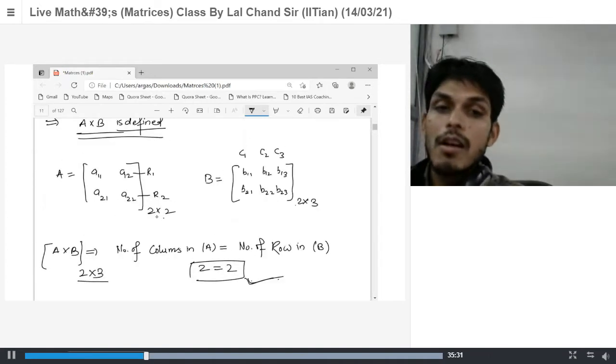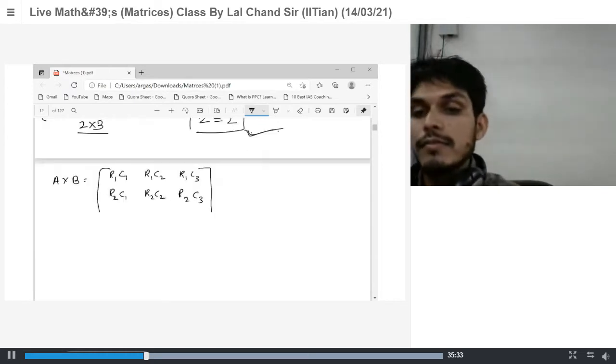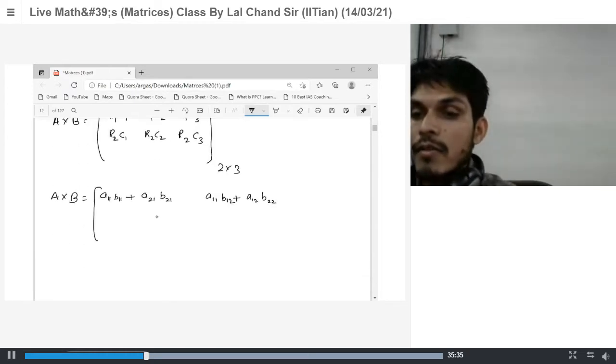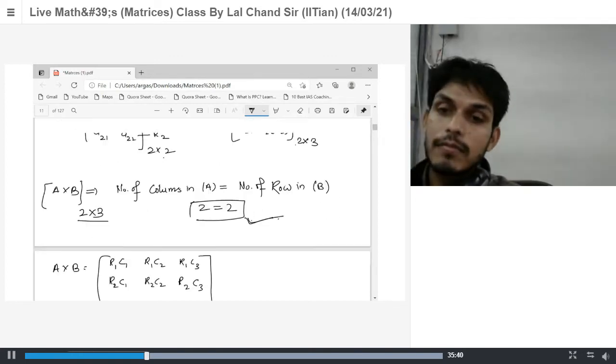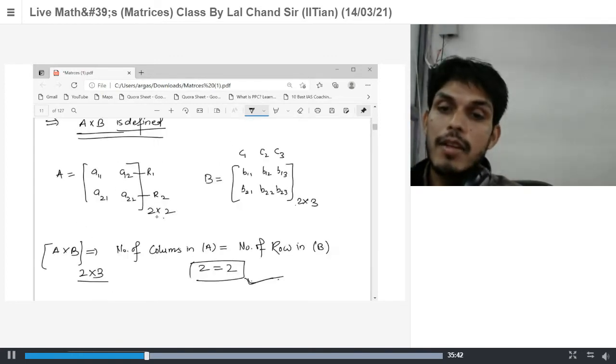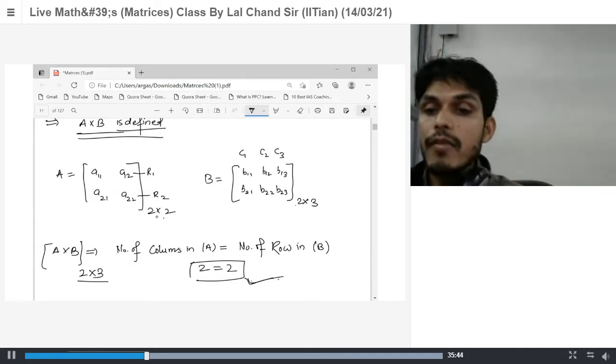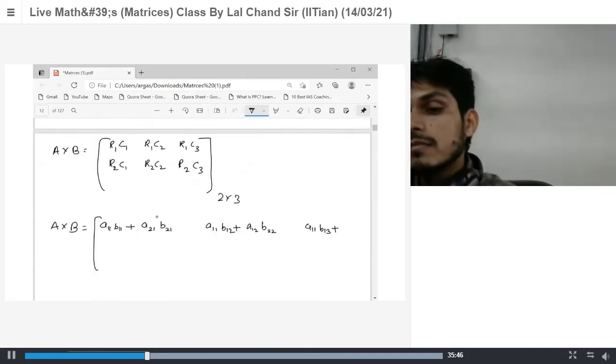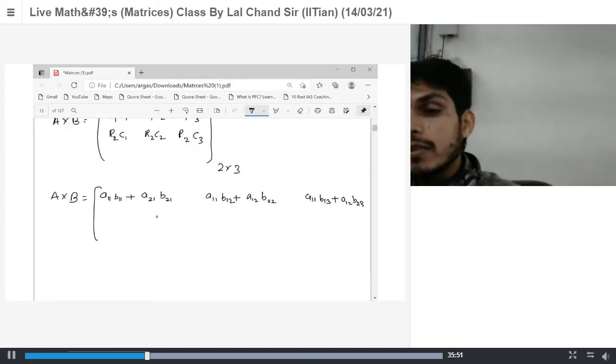Now, A11 B13 plus A12 B23. So these are the elements of the first row.